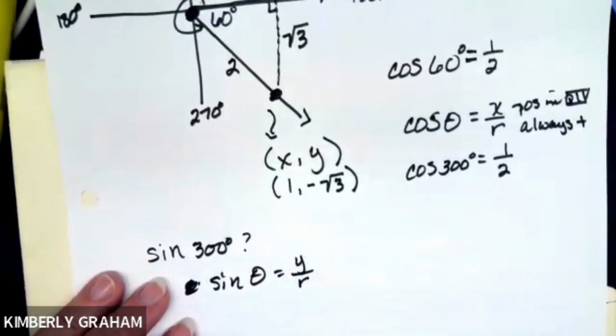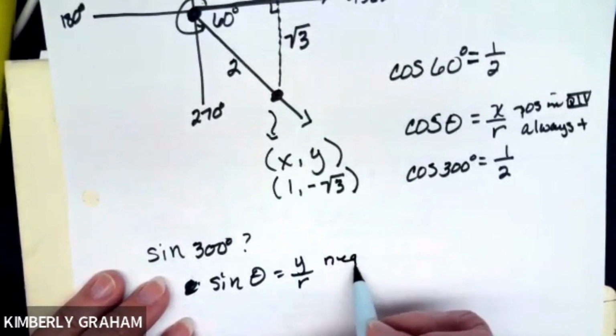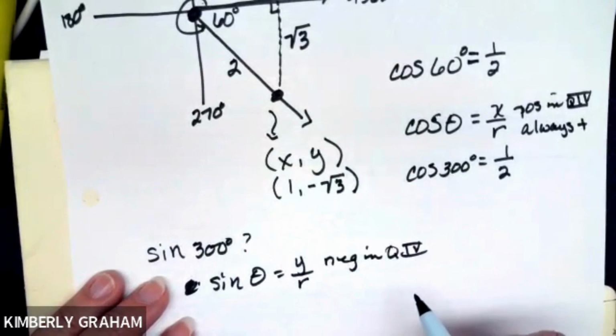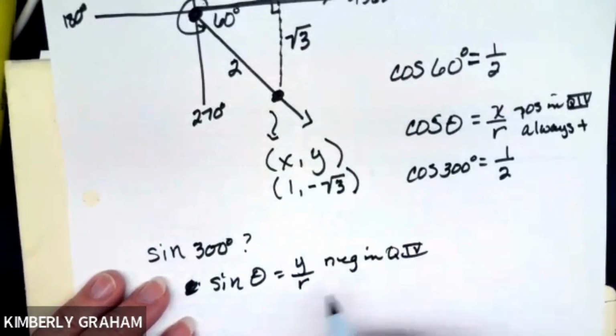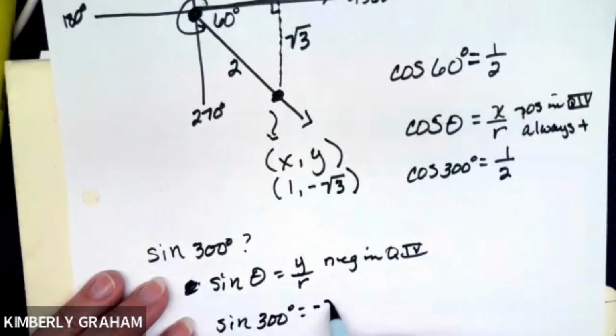When I'm in quadrant 4, my y value is negative in quadrant 4.